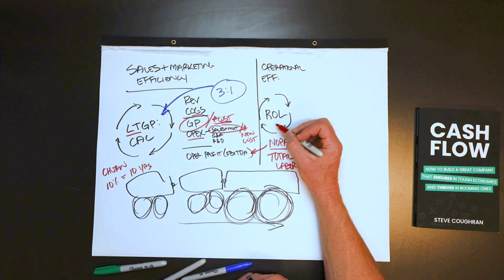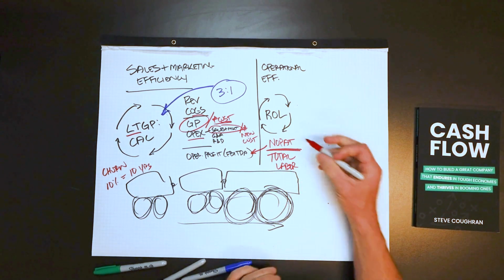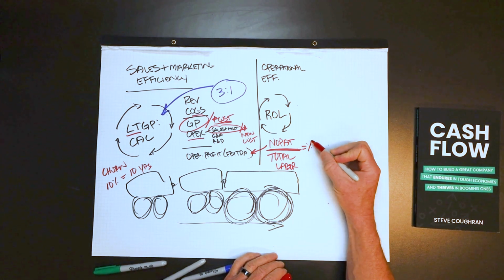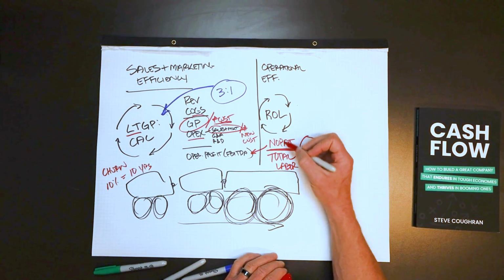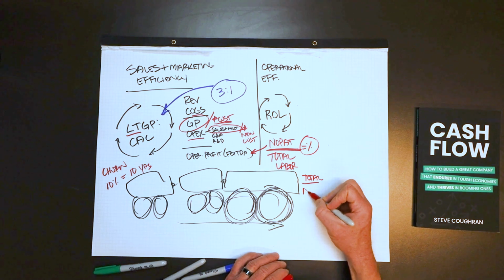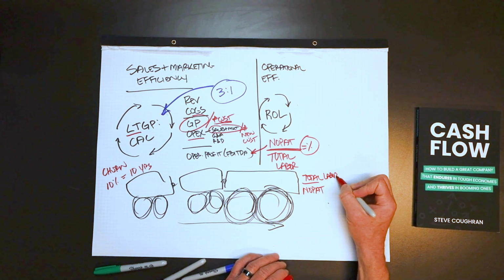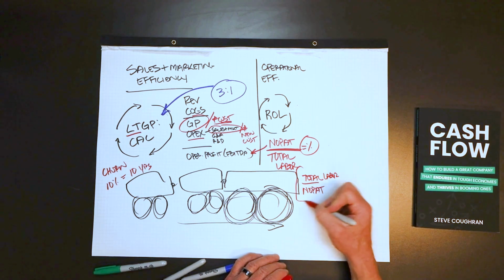You want to see what is the return on your labor. Now, if you do the math like this, you're going to get a percentage, or you can flip it and take your total labor and divide that by your NOPAT here. Either one is fine to come up with a factor. It's just whatever you find is best for your business.